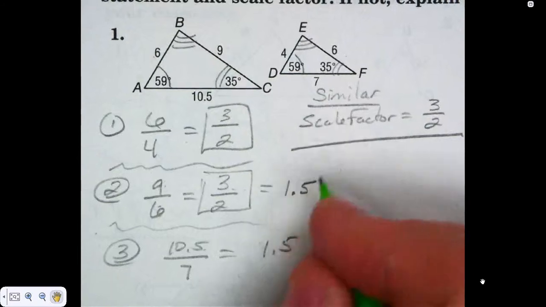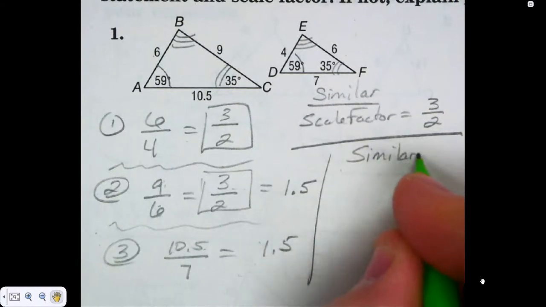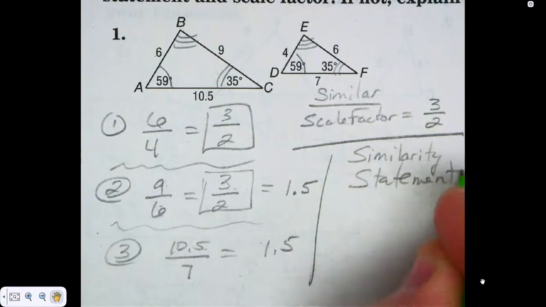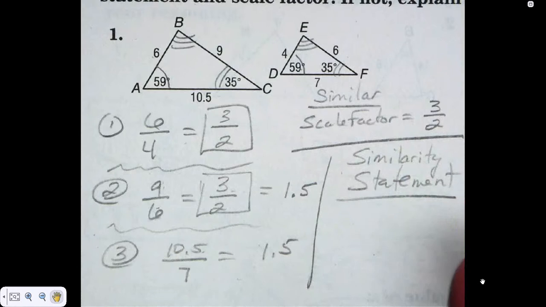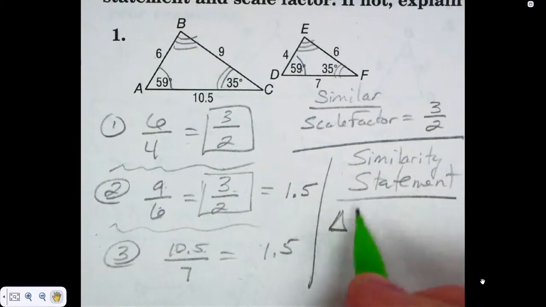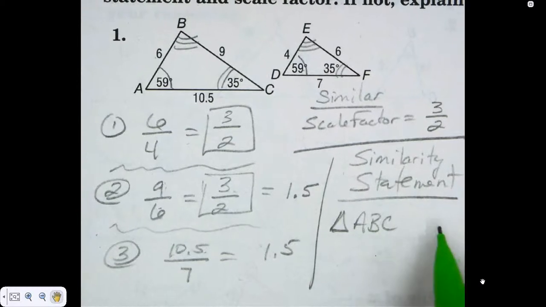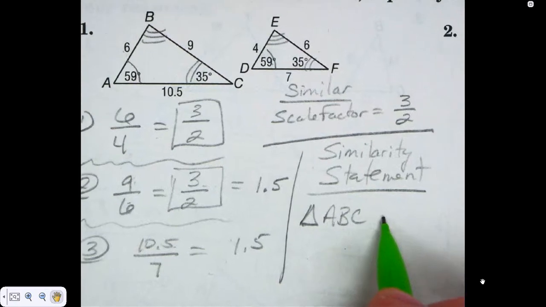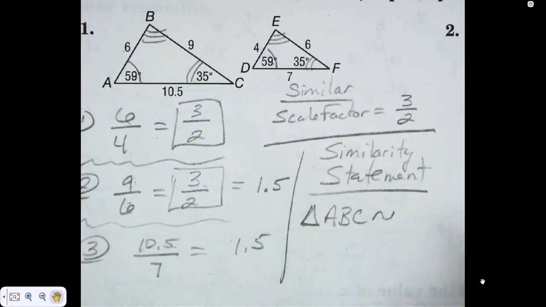Now, next thing they talk about is what is called a similarity statement. You guys remember congruency statements, where you're supposed to write it in corresponding order, correct? We need to do the same thing here. So triangle ABC. Now, what am I going to use as a sign for similar? Well, what we do is it's not quite congruent, so we use just the top of the congruency sign.